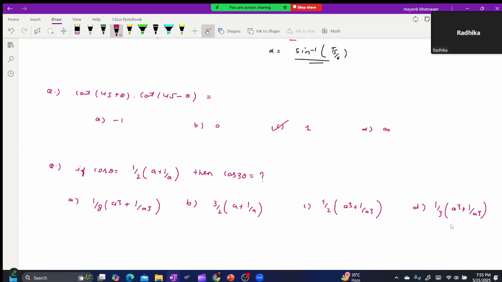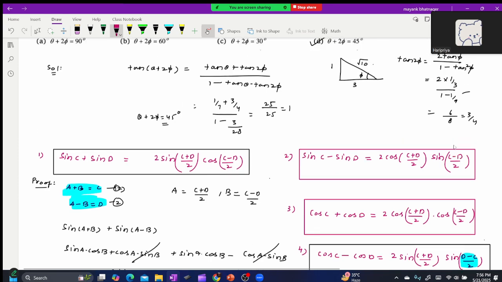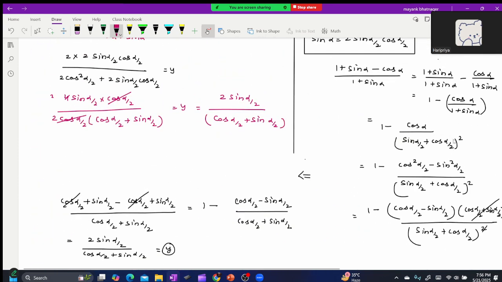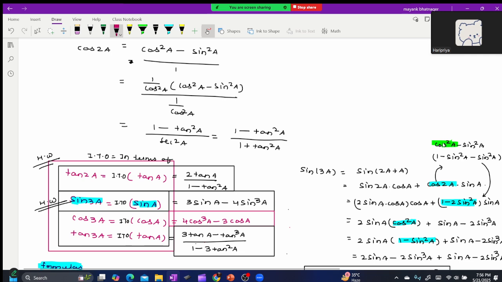I had written the formula for 3 theta, and you had derived it. Yes, I have derived everything. Sir, what is cos 3 theta equal to? 4 cos cube theta minus 3 cos theta. See, cos 3 theta is equal to 4 cos cube a minus 3 cos a.